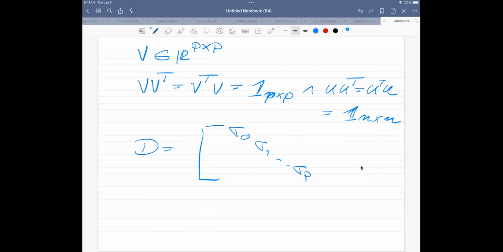Up to sigma p minus 1, and then it has zeros on the rest here. So we say the rank of D is p. And these sigmas are ordered so that they can be given by a descending series or an ascending series. That's up to you. So there is no specific thing with the way you order these singular values.